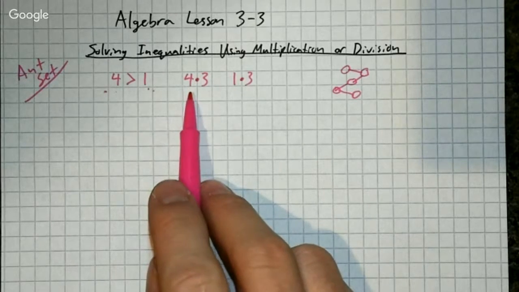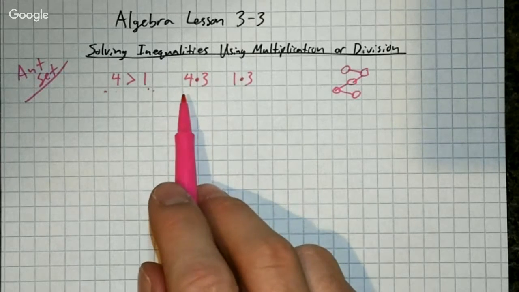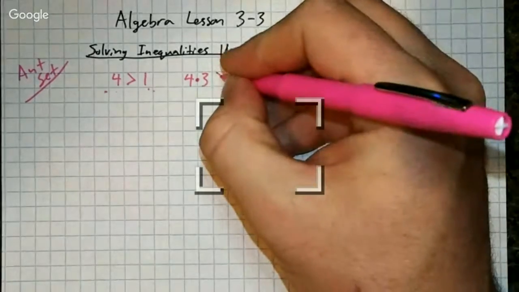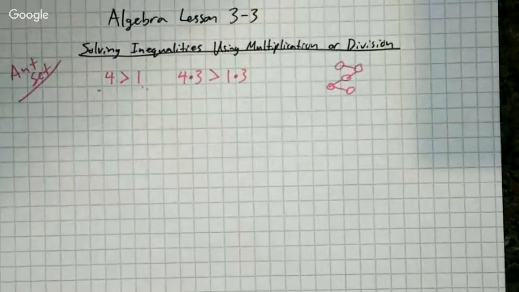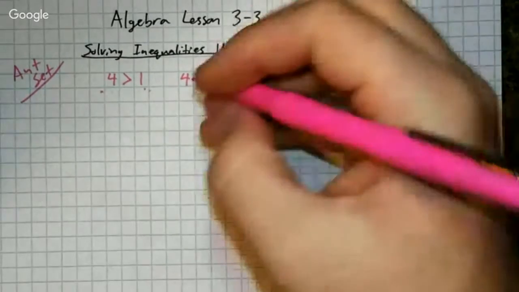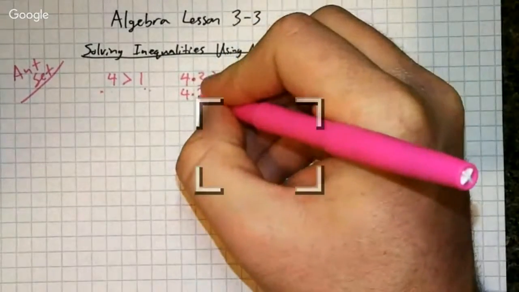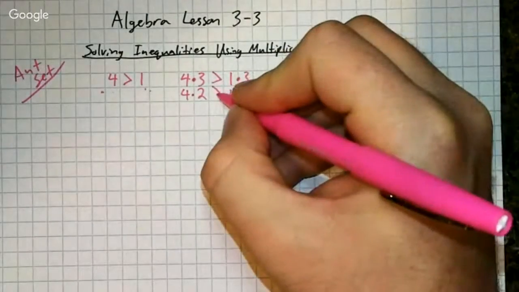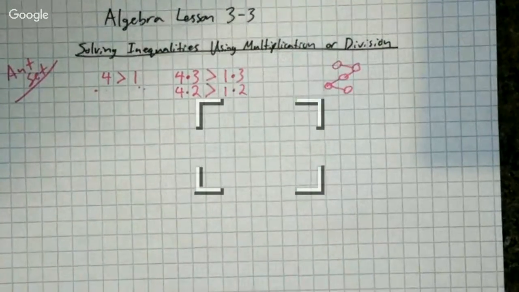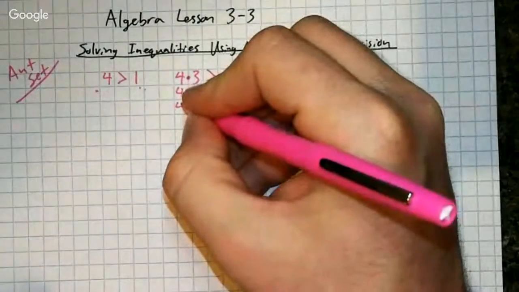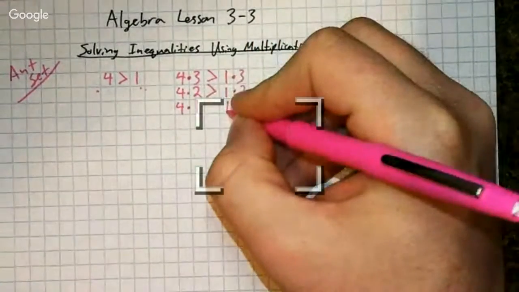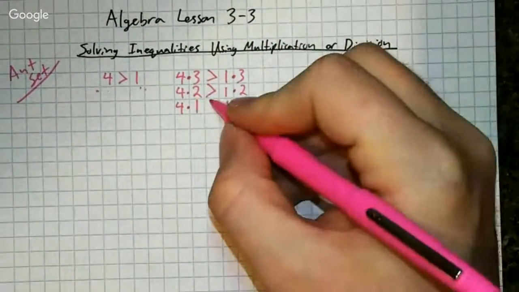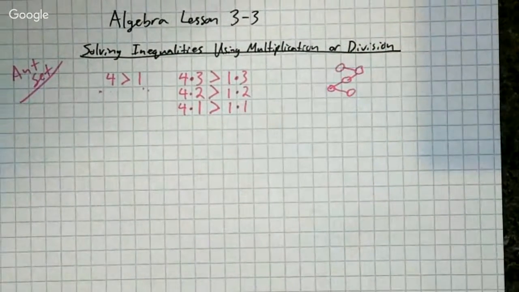But we realize 4 times 3 is going to give us 12, and 1 times 3 is going to give us 3. So obviously, that side's still going to be bigger, right? Let's go ahead and try one. 4 times 2 and 1 times 2. Again, 8 is going to be more than 2. Let's check with another one. 4 times 1, 1 times 1. Again, 4 is going to be greater than 1.